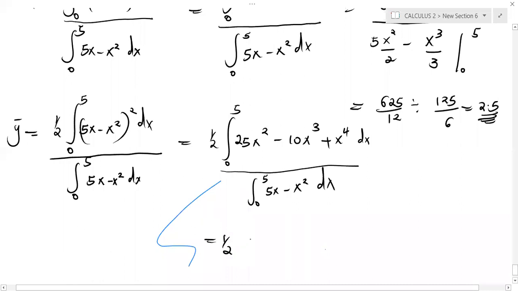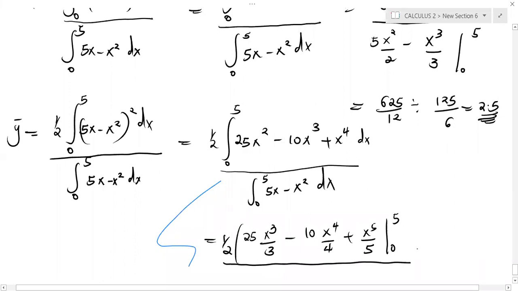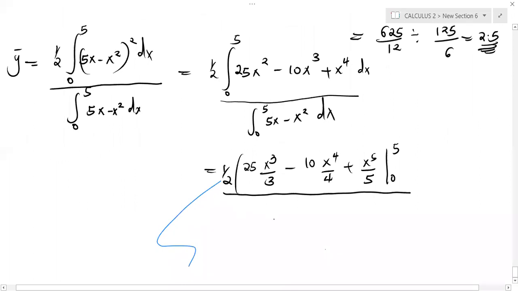So we have a half into, integrating the numerator, 25x cubed over 3 minus 10x raised to power 4 over 4 plus x raised to power 5 over 5. And the range is from 0 to 5. All this divided by, integrating the values in the denominator, here you have 5x, so that will be 5x raised to power 2 over 2 minus, integrating x squared, that is x cubed over 3, ranges from 0 to 5.